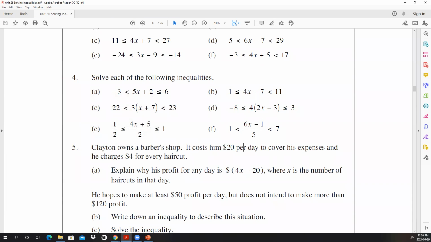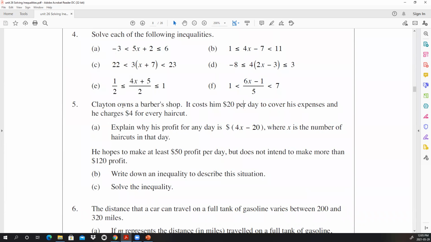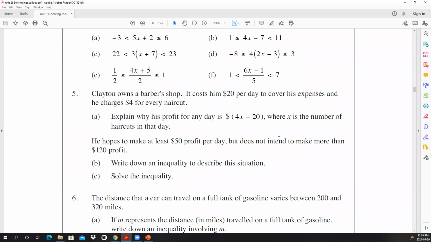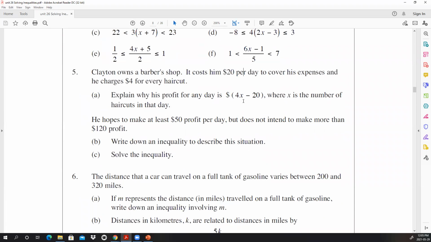So moving right along. So everything else now is like some wordy question. Clayton owns a barber shop. It costs him $20 per day to cover his expenses, and he charges $4 for every haircut. Explain why his profit for any day is this, where X is the number of haircuts in that day. This is straightforward.